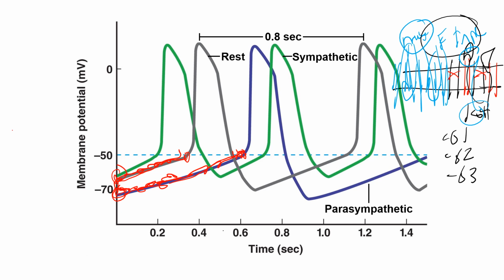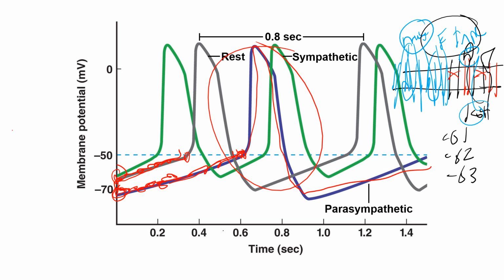And you can see in blue here, over the entire time span, there's only one action potential that gets generated. If it takes way longer to get to threshold than normal, then the SA node fibers are going to generate a much lower frequency of action potentials over the course of a minute. Every action potential translates into a total heart contraction. So what does that tell us about the SA node fibers?